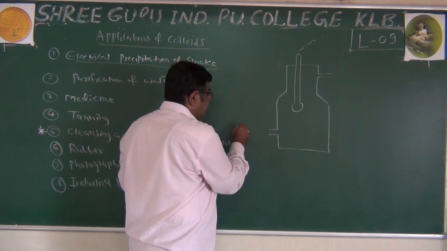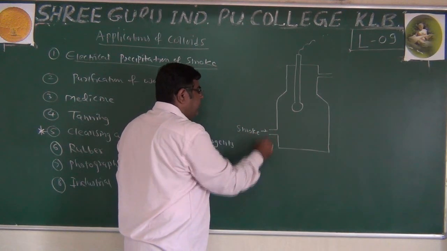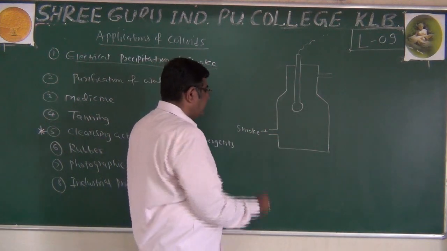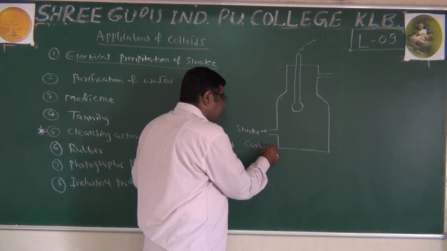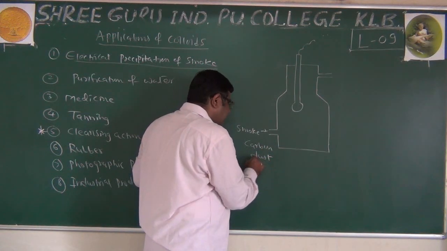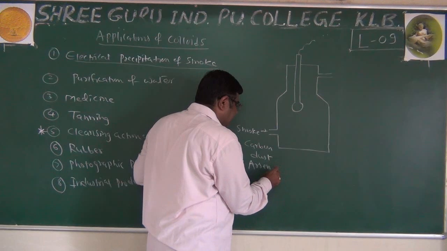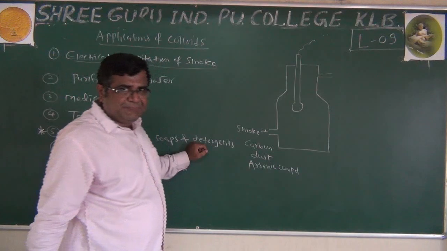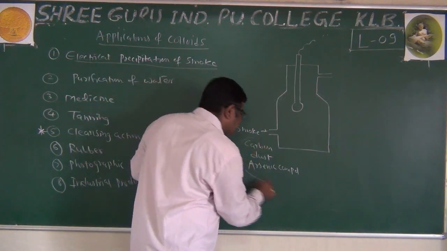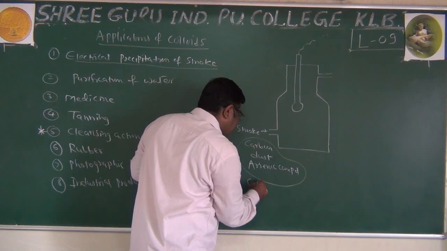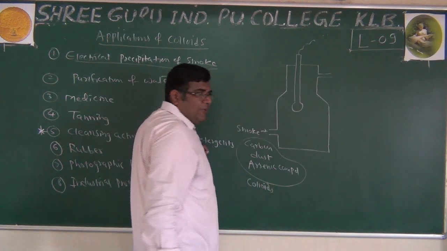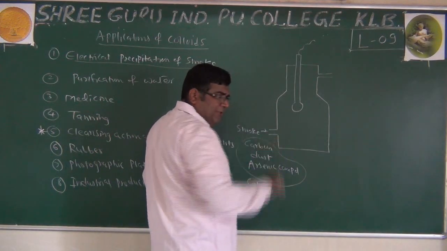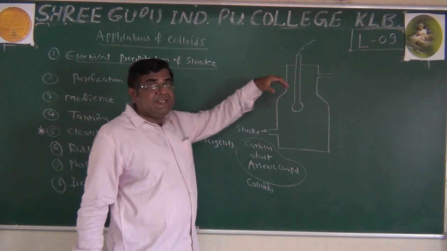From this inlet, smoke produced in industries is passed, and it contains carbon, dust particles, and arsenic compounds, which cause air pollution. But all these compounds are colloids. So it is passed into this chamber, which is fitted in the chimney.